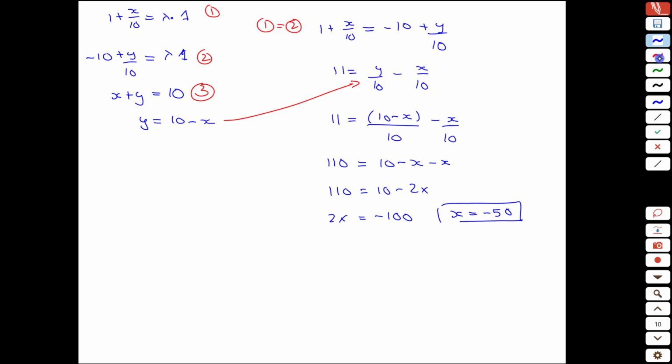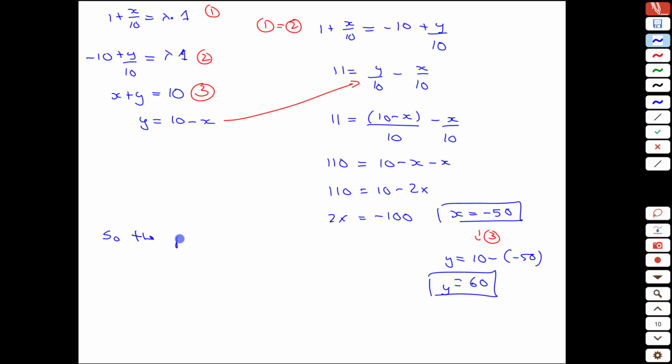We can then sub that into 3. We can use any equation we like, but 3 has a nice simple form to it. The y value that matches that is going to be 10 minus 50, and that is positive 60.